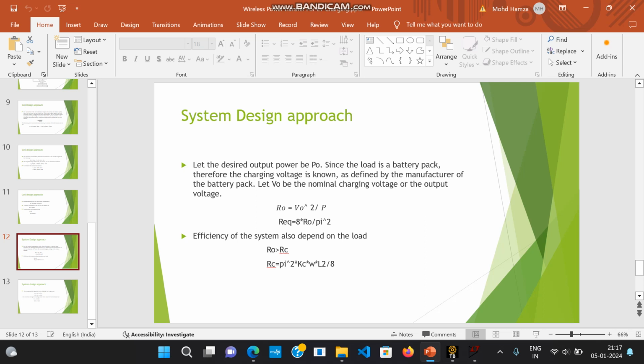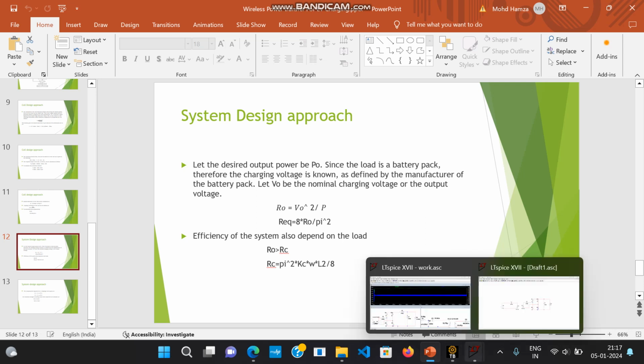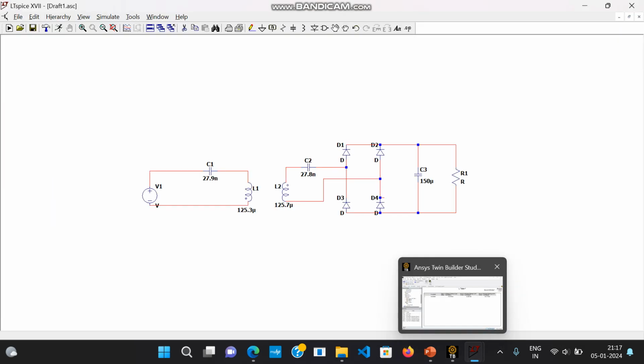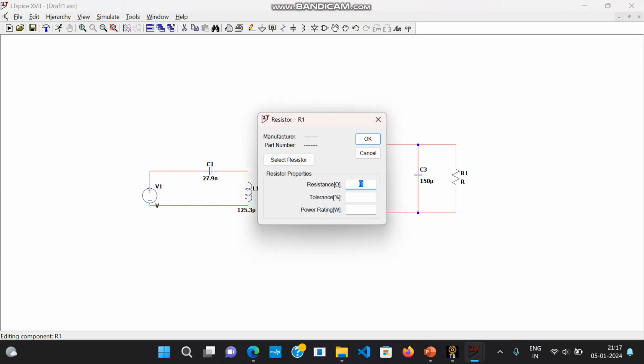Sorry, it is not 4.06, it is 4.6. So the equivalent load we are getting is 3.7 ohms. Let's substitute 3.7 here.